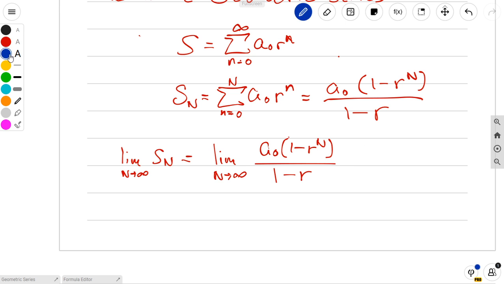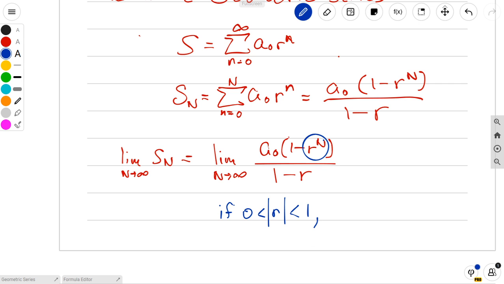And really, all of this is going to depend upon what happens here, because we're going to have kind of 3 cases with this a sub 0 r to the n going to infinity, right? So in the best case, r is in between 1 and 0, so it's some kind of fraction.